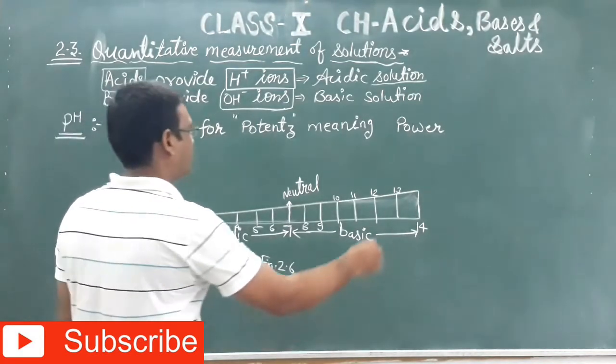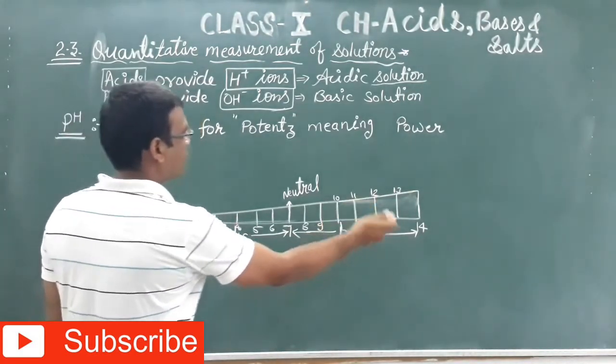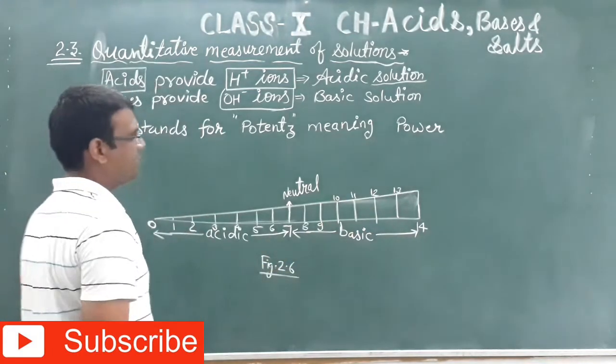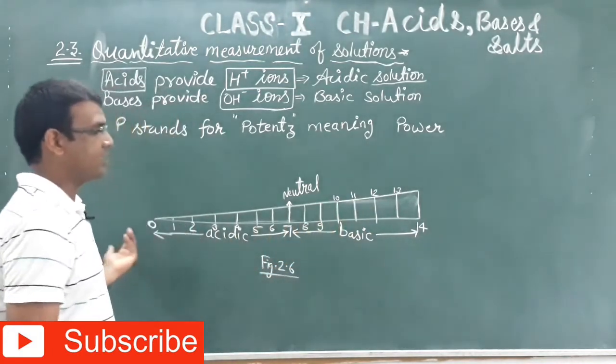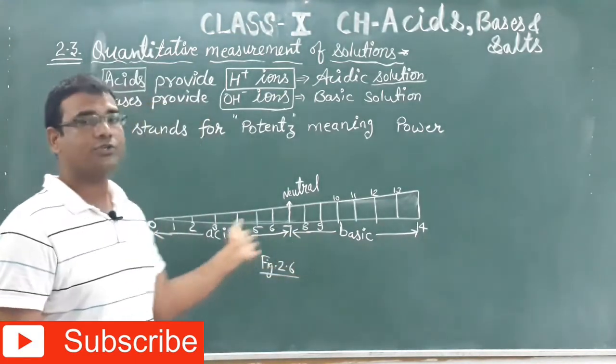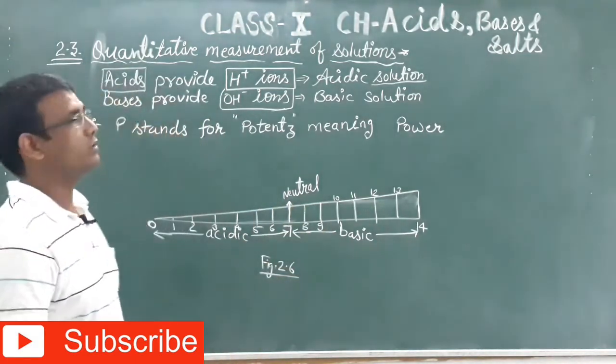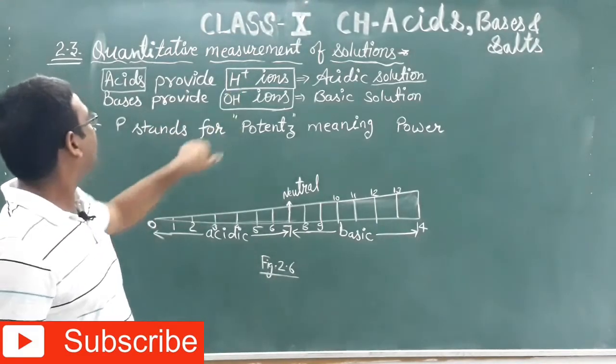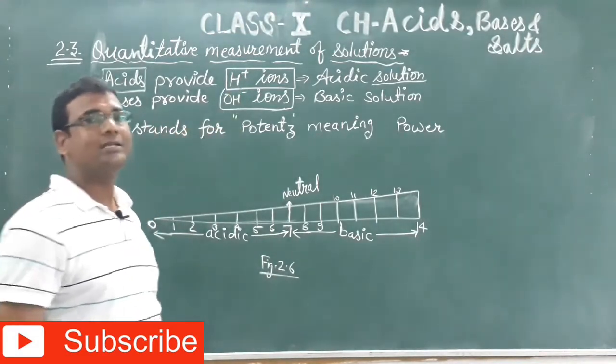Or in another way, if we move from right side to left side, then pH is decreasing. If pH is decreasing, then H plus ion concentration is increasing. So H plus ion concentration and pH are inversely related.